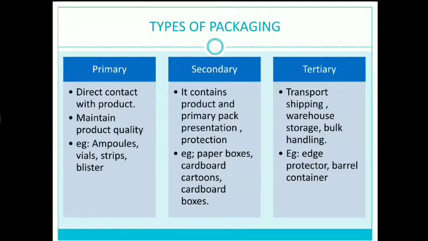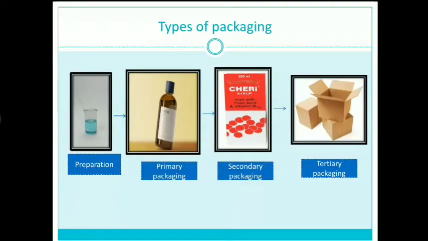The next type is tertiary packaging. Tertiary packaging is useful for transport purposes or bulk handling. In that we can use an edge protector or a barrel container. Here we can see the types of packaging. If you have prepared a liquid dosage form, then you will require a container.